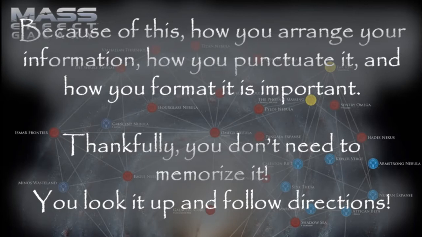So, the key thing I want you to remember, though, is you don't need to memorize it, nor should you. Look it up and follow directions. And of course, you can use online citation generators and Word's references page. Those are all valuable tools, but in the end, it is your grade and your job to make sure they have done their work right. I've actually had students say, I was using the citation generator, but it was just easier to type it up, look at the directions and type it up.